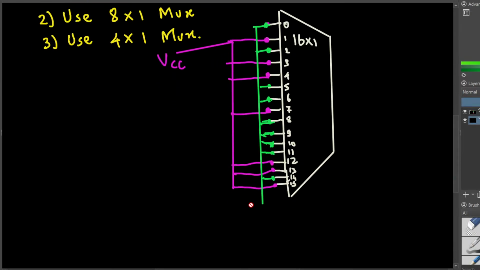All these connect to the ground. That's it. This is our 16 by 1 mux design.